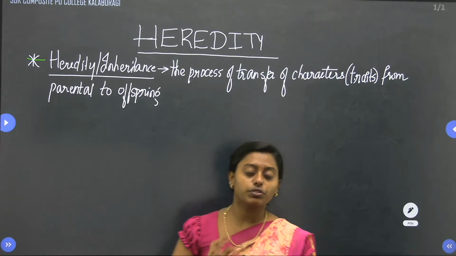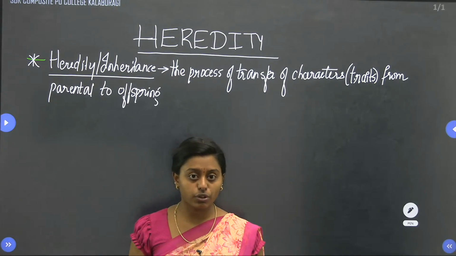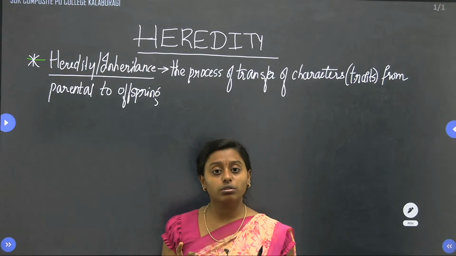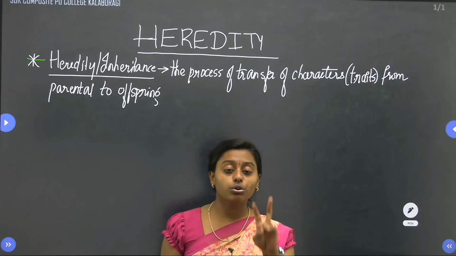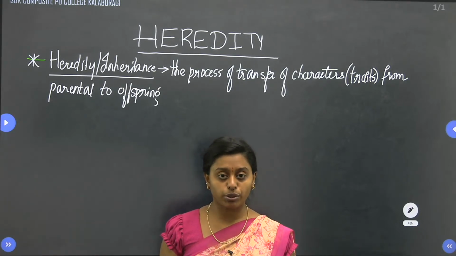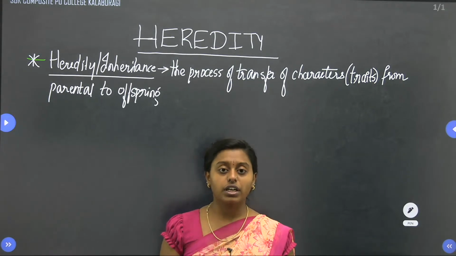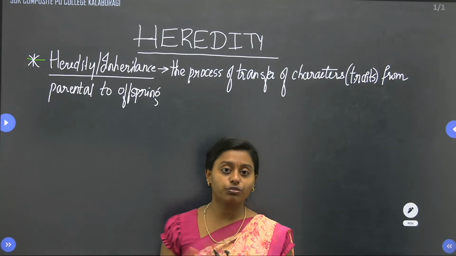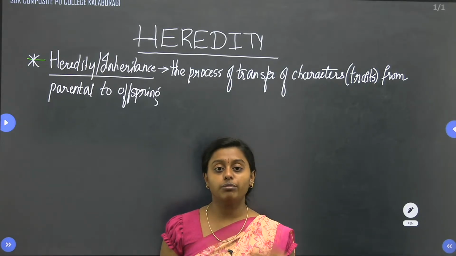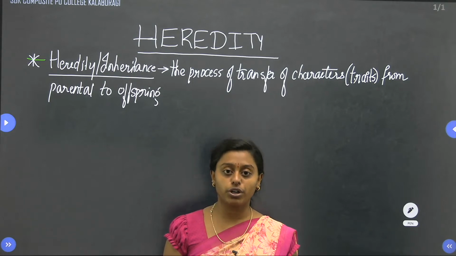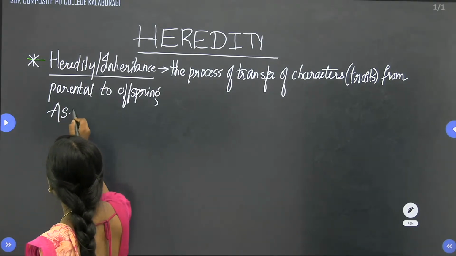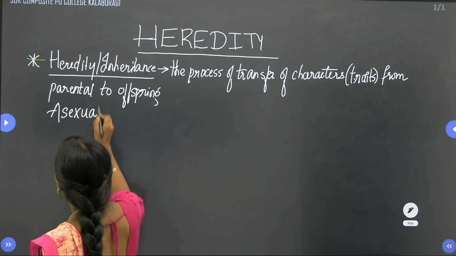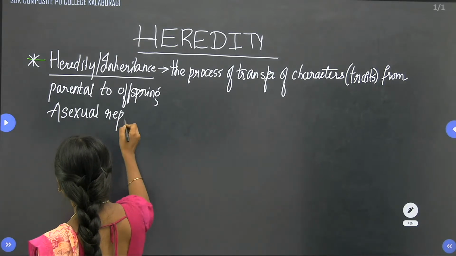During the inheritance of a particular character, based on the modes of reproduction, organisms undergo two major types of reproductive processes. Either it can be a sexual method of reproduction or an asexual method of reproduction.